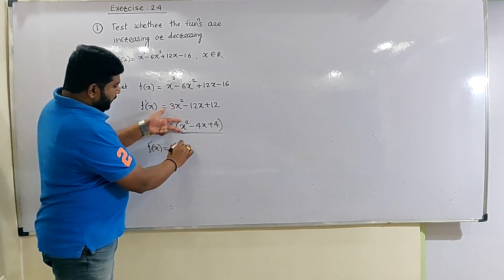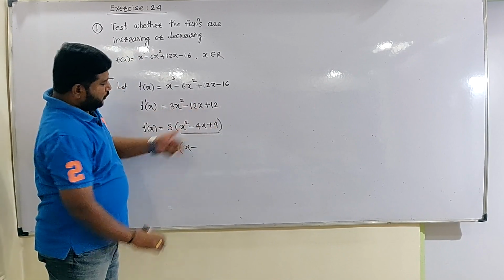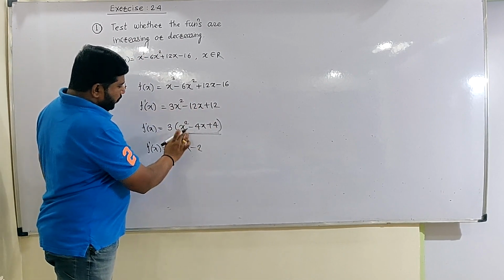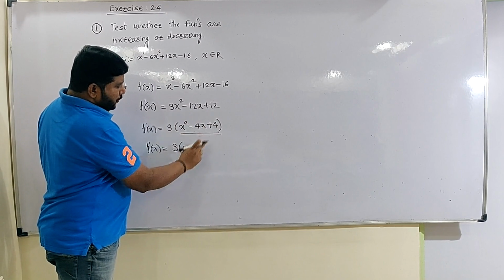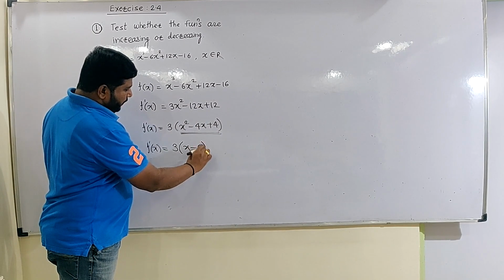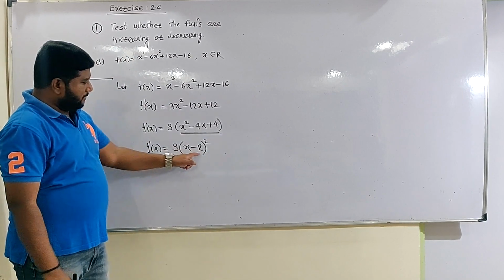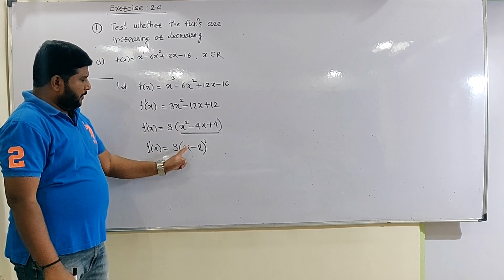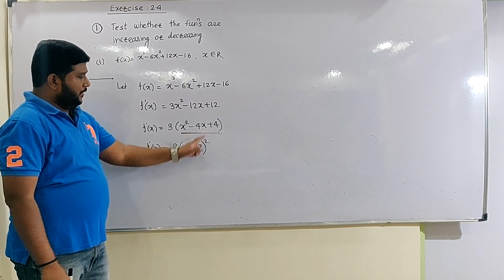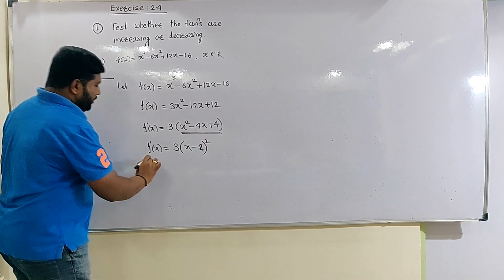Square root of x square is x, second sign minus, square root of 4 is 2. It is x minus 2 whole square. A minus b whole square is a square minus 2ab plus b square. So x minus 2 whole square. So this is f dash of x.